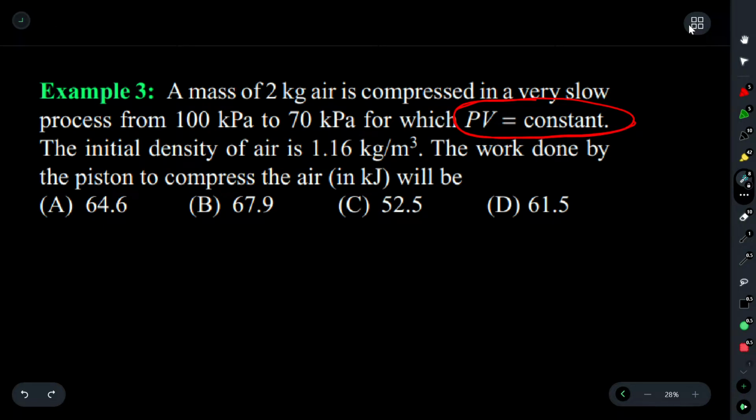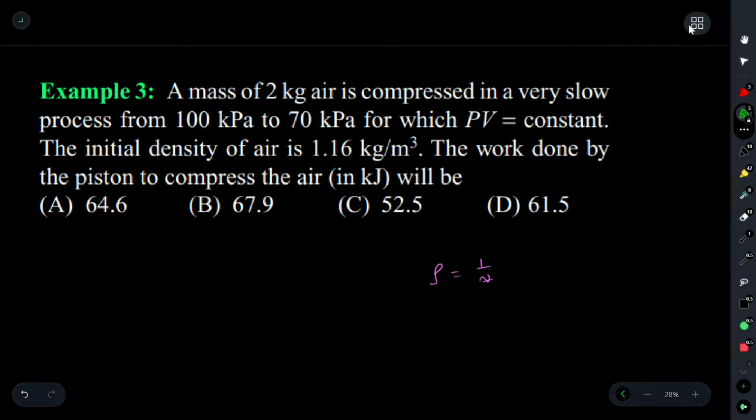Okay, and what else is given? The initial density of air is also given, so rho 1 is given to us, and we know that rho is nothing but 1 by specific volume.